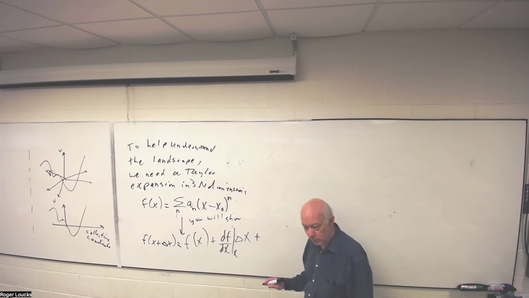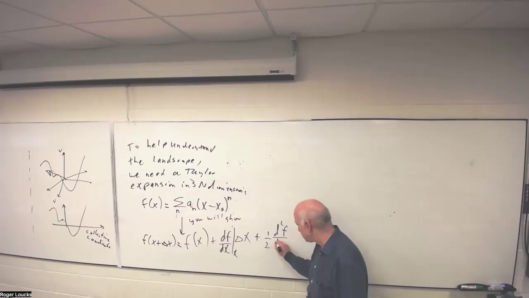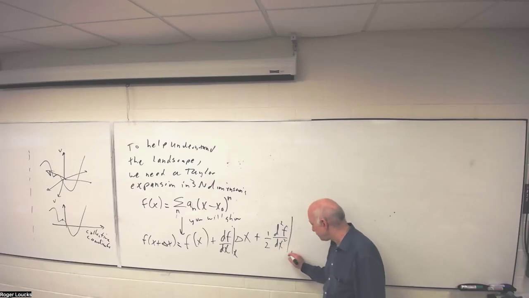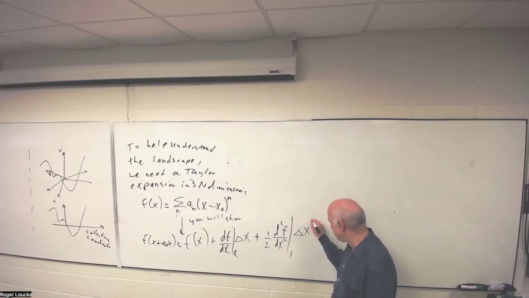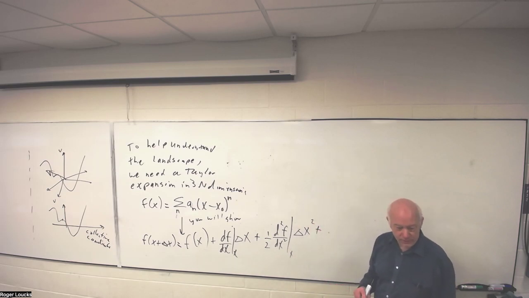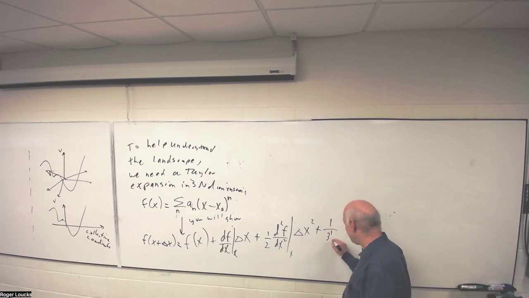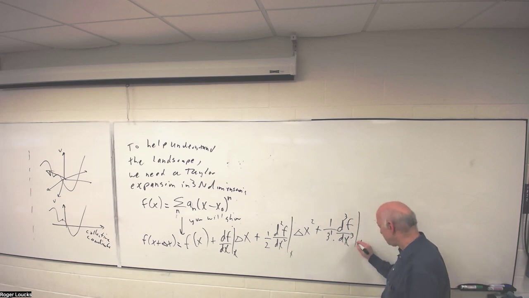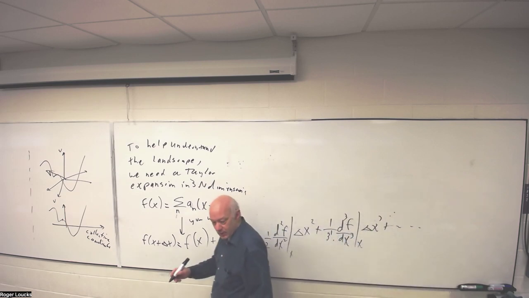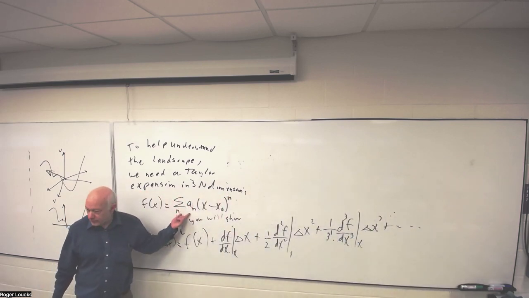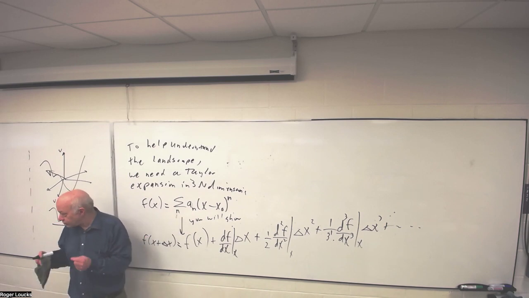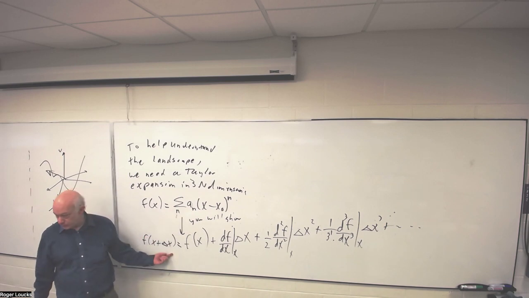Plus the second derivative times delta x squared, and then we go more and more. So you're going to calculate what all the A's are, then do a little change of variable, and then actually show this here.